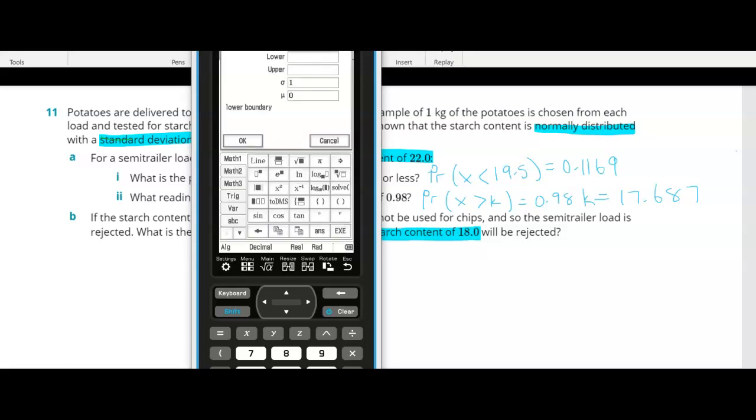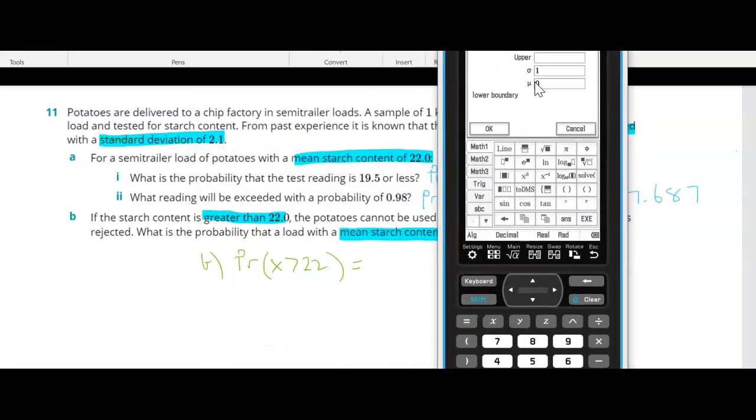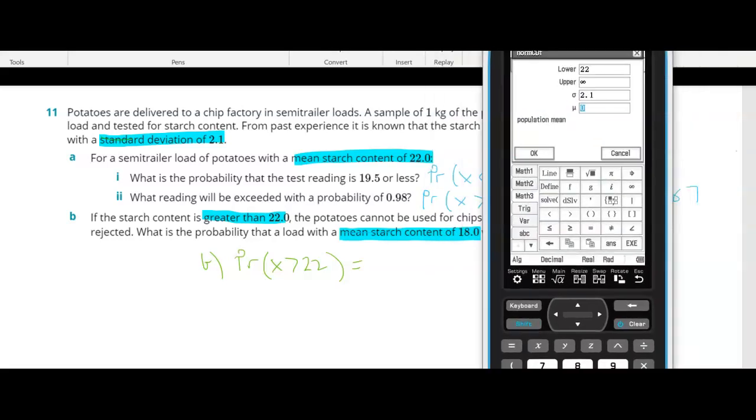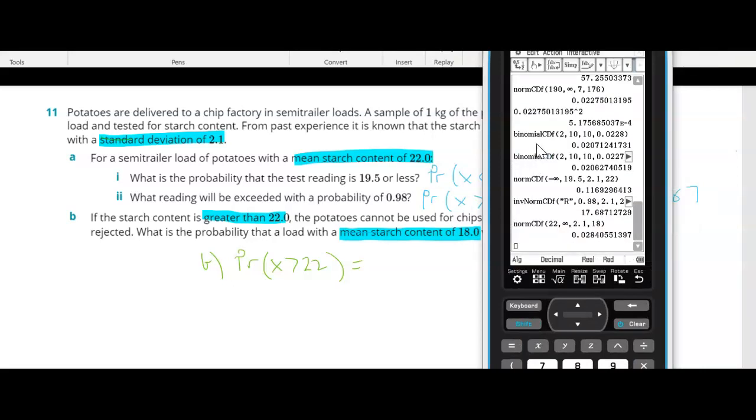All right, so greater than 22. So our lower limit is 22. Our upper limit is infinity. Standard deviation is 2.1, and this time our mean was 18. Okay, so 0.0284.